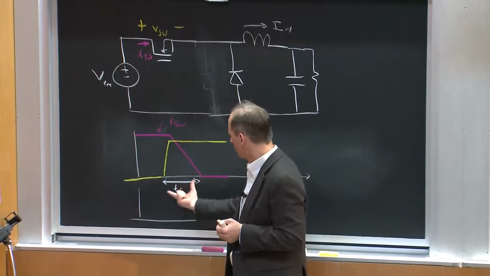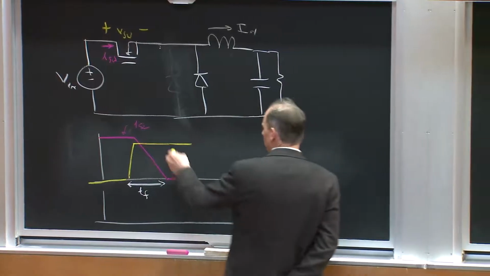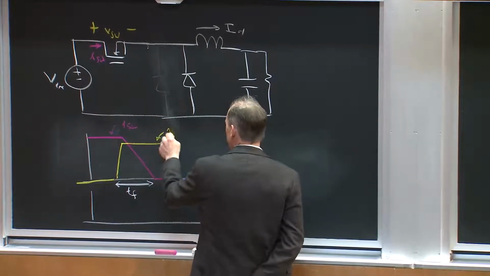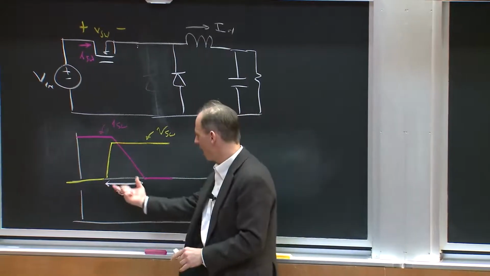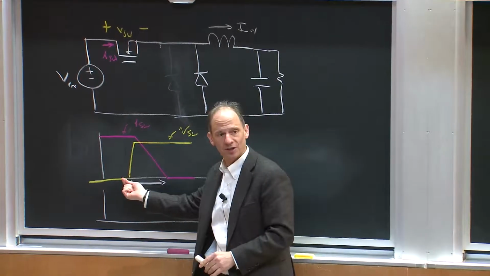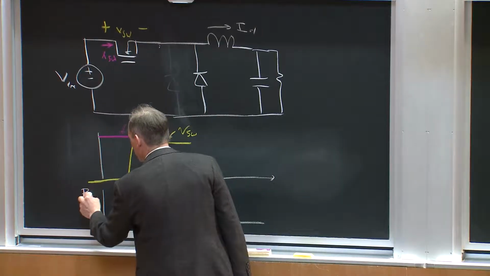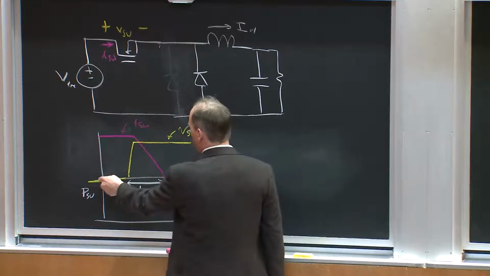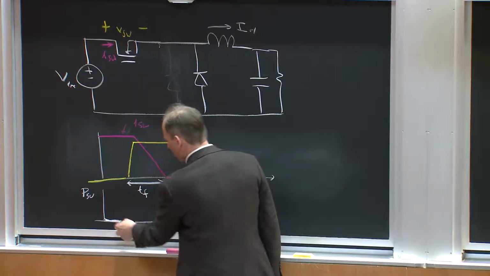But here's the point. During this switching transition, when the voltage on the switch is rising and the current on the switch is falling, I have a big overlap in voltage and current on that switch. So if I looked at the power dissipated in the switch, I had some I squared R going on here. It wasn't 0, but it was pretty darn small.